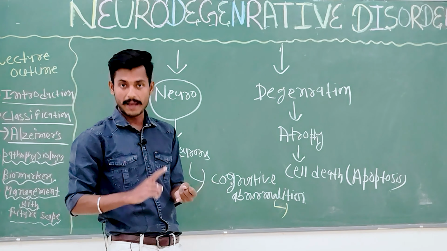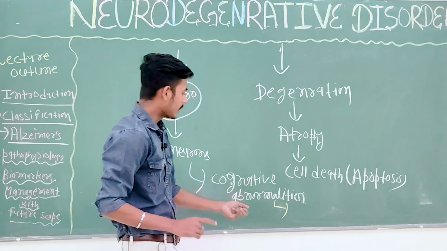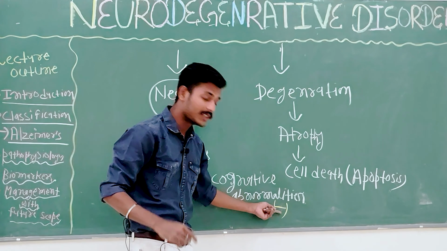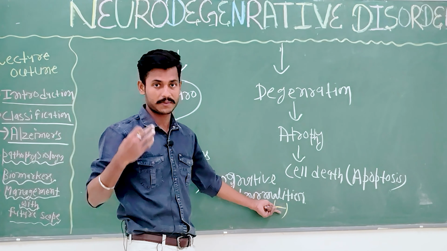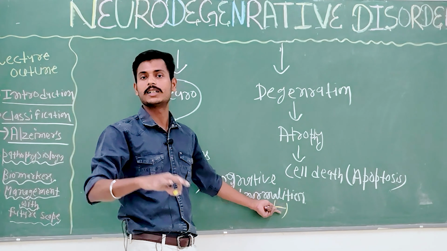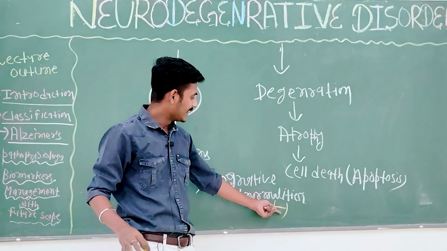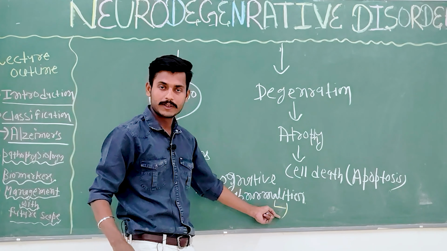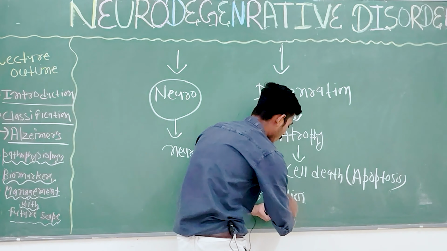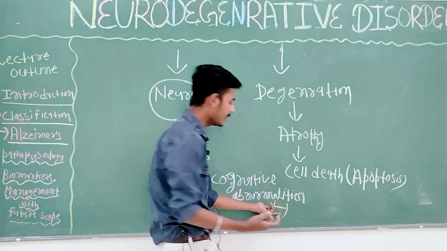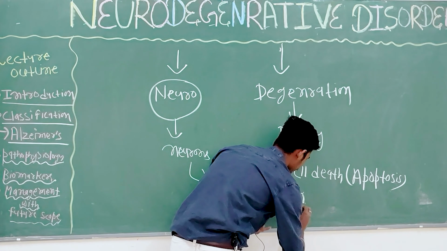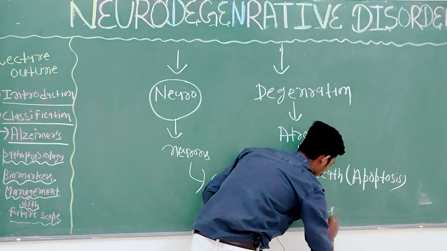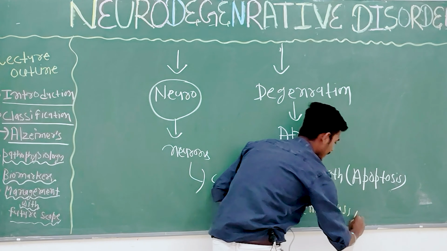We have memory, we have language. Apart from that, we have thinking capability, abstract thinking, and we perform multitasking. So whenever neurons degenerate, it ends up with cognitive abnormalities, and it can be in the form of memory loss or language disorder.